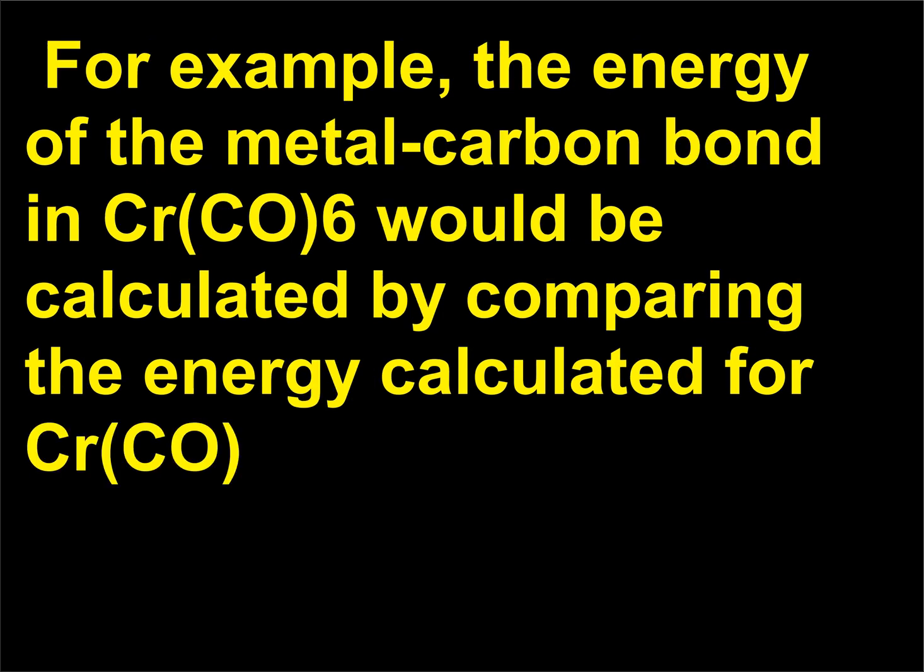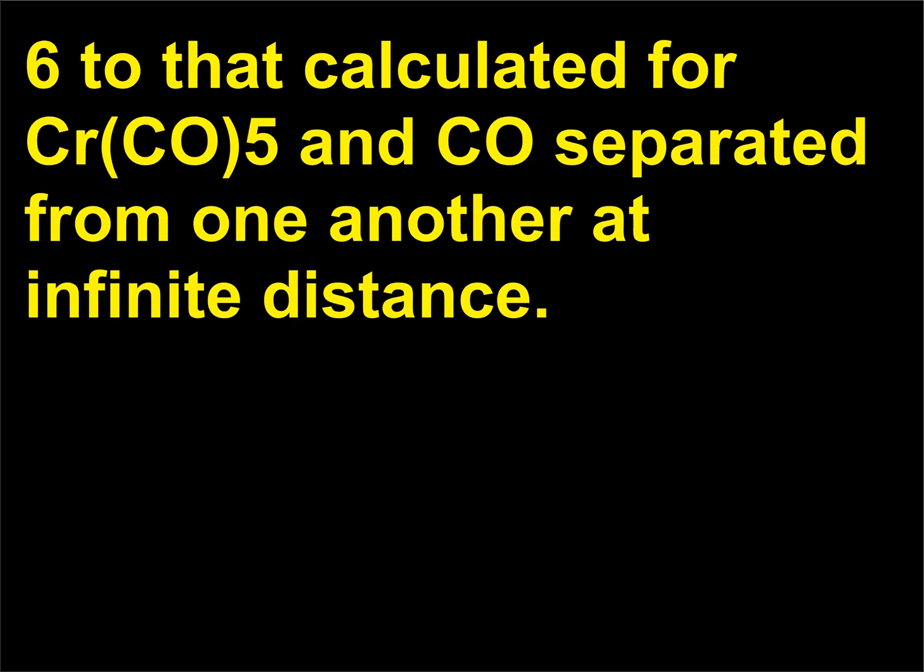For example, the energy of the metal-carbon bond in Cr(CO)6 would be calculated by comparing the energy calculated for Cr(CO)6 to that calculated for Cr(CO)5 and CO separated from one another at infinite distance.